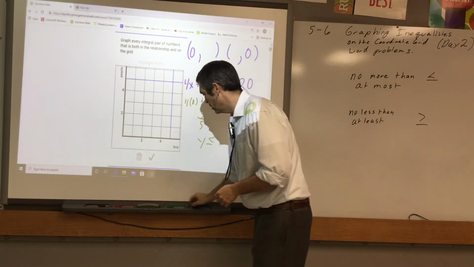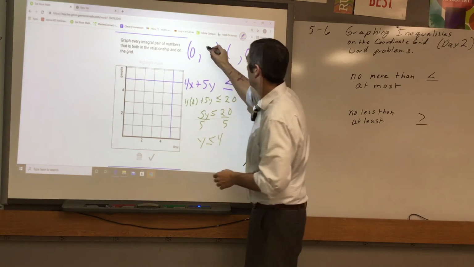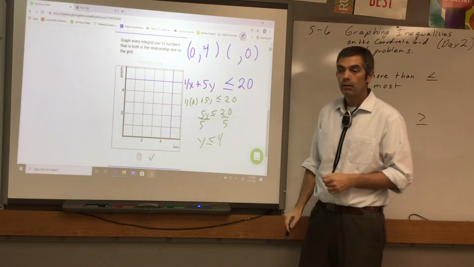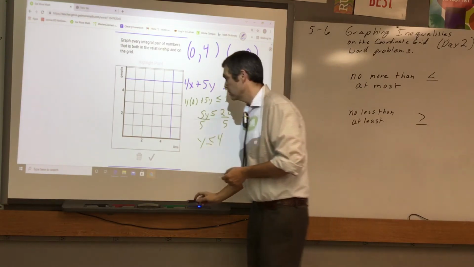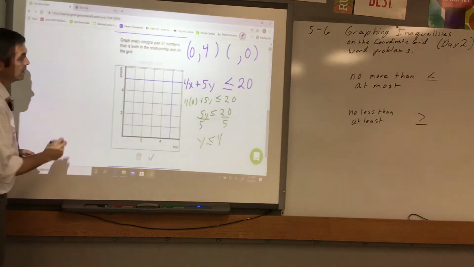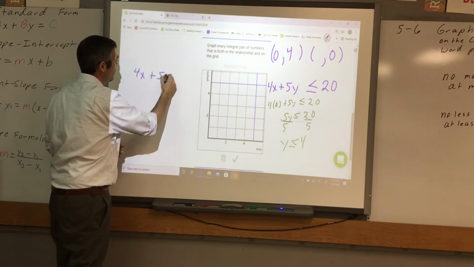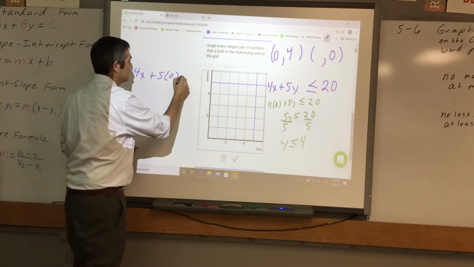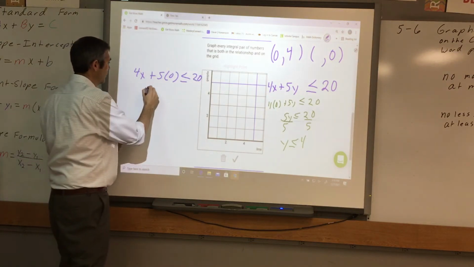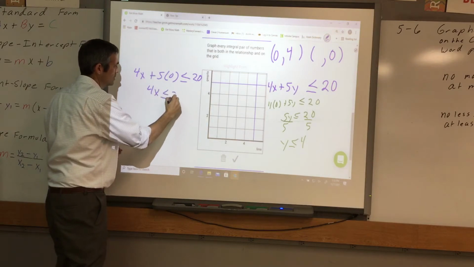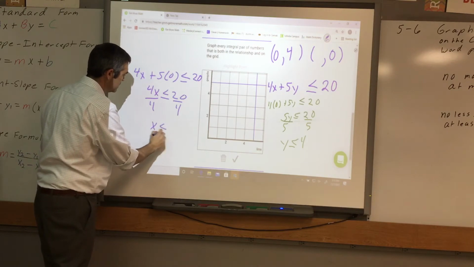So when X is 0, Y is 4. Then I'm going to do the same thing over here. I've got 4X plus 5 times 0 is less than or equal to 20. So I've got 4X is less than or equal to 20. Divide by 4, divide by 4, X is less than or equal to 5.